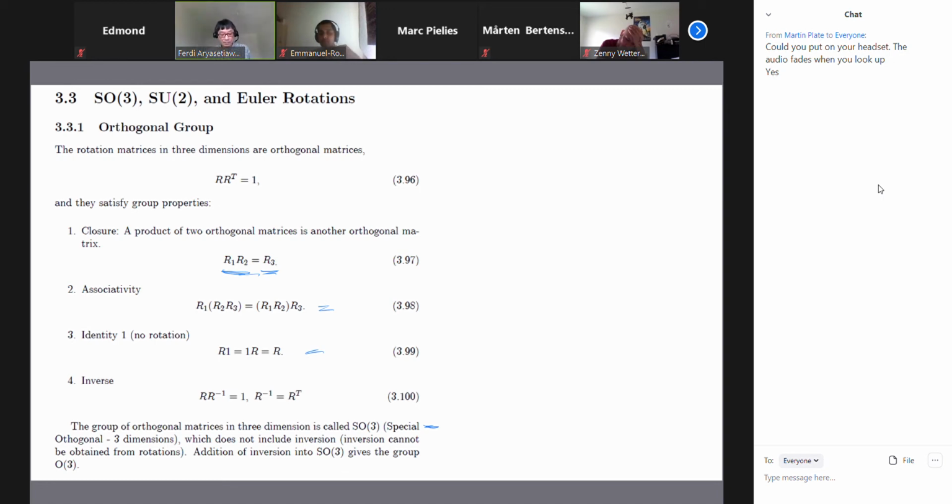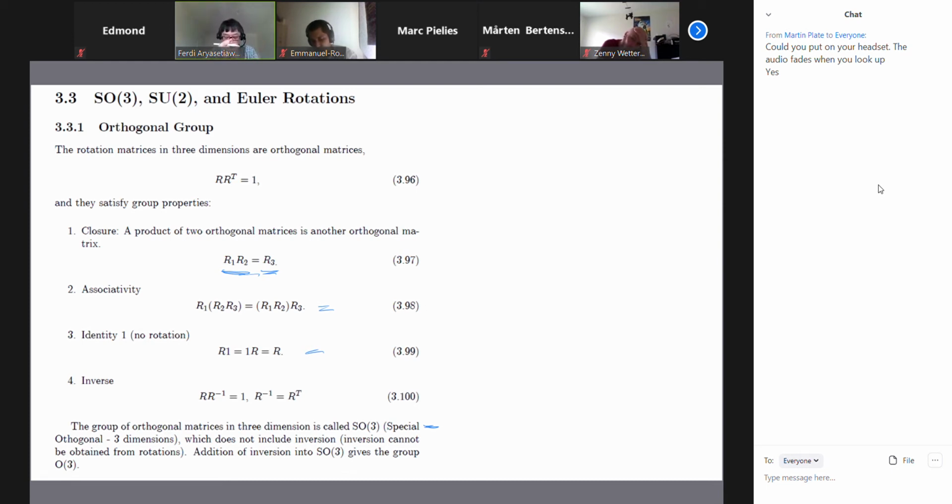And I always say this, that we should be careful when we talk about inversion, because inversion is not a rotation. So one cannot have inversion by doing rotation. Inversion is a discrete operation. It's not the same as making a rotation by 180.